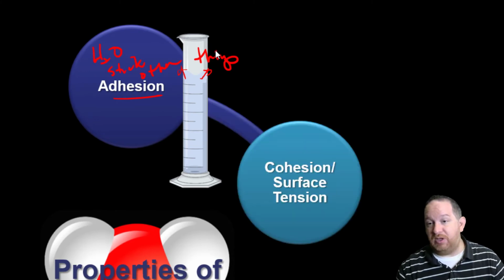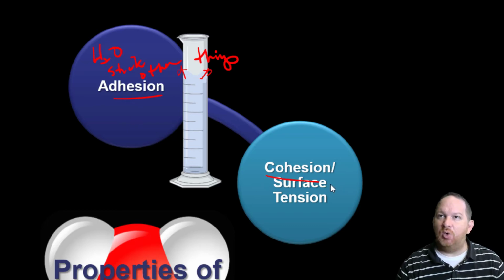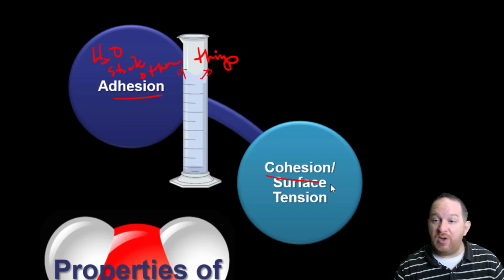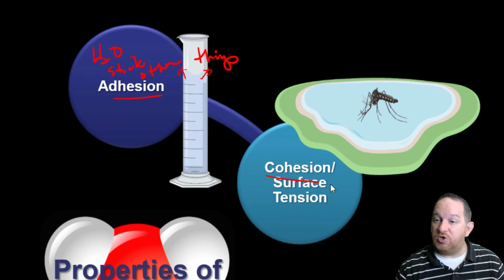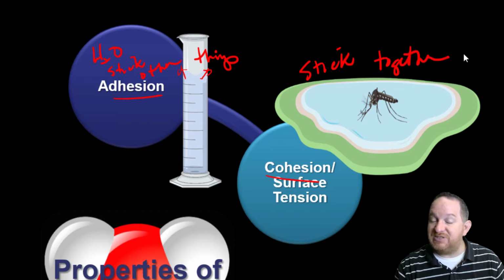Another interesting property of water is cohesion. All right, so we had adhesion, now we have cohesion. Think of cohesion as a cohesive group, right? They stick together. If you're cohesive, you're sticking together. So cohesion means water molecules stick together. And what you'll see here is this is what creates surface tension.